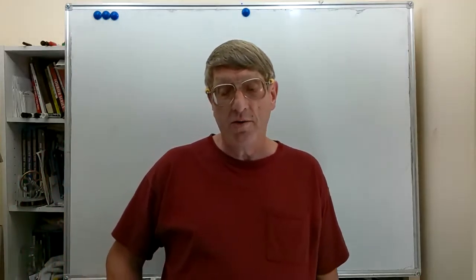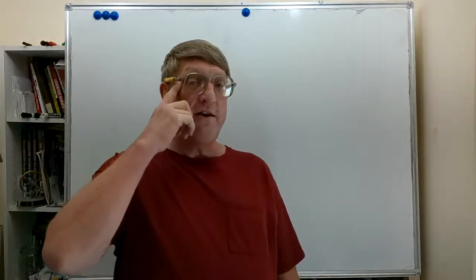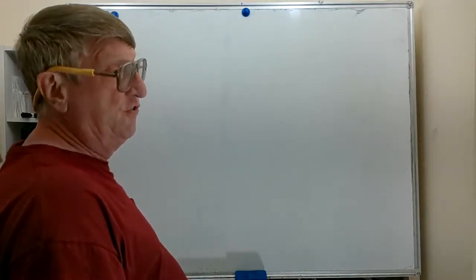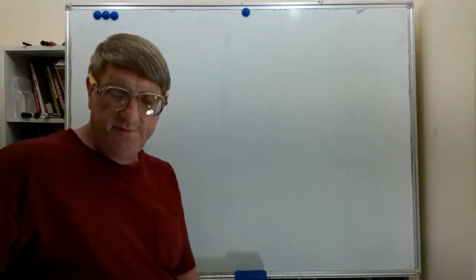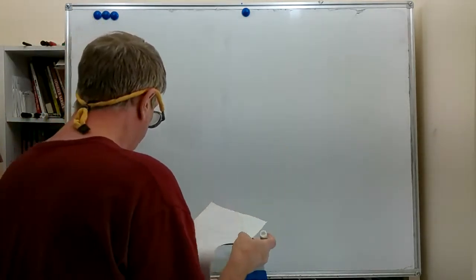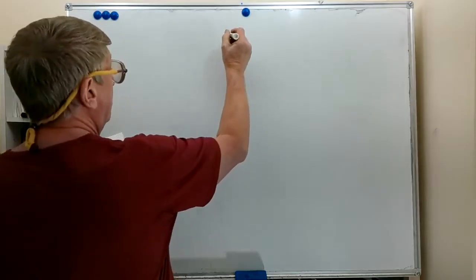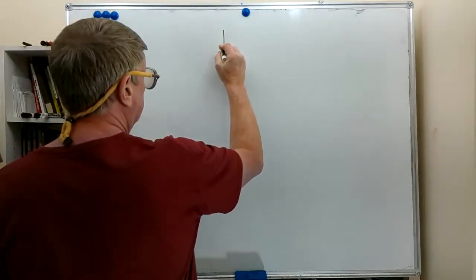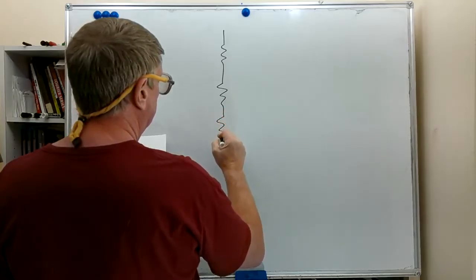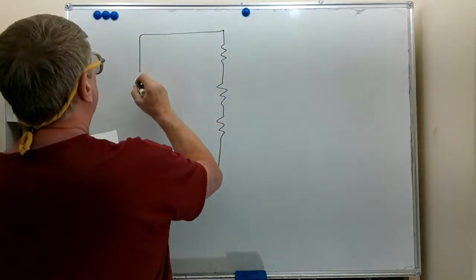Today we're going to talk about series voltage dividers and parallel current dividers. So we're going to start with the series voltage divider. Say we have three resistors in series, and we have some applied voltage.